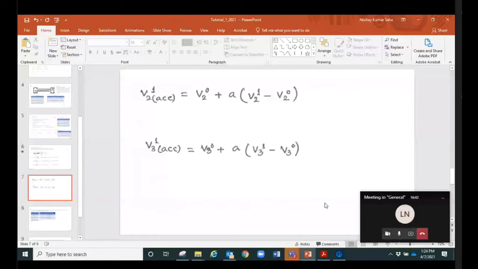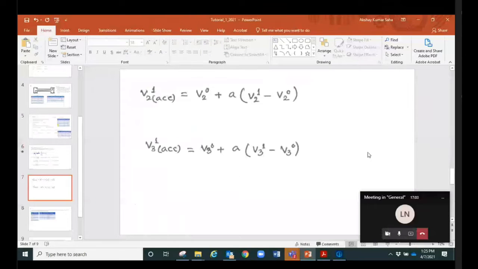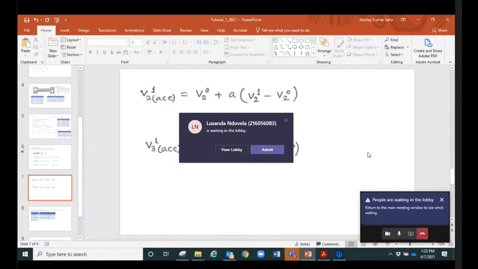We have V21 and V31 calculated, and V20, V30 we have assumed here 1 per unit at an angle 0 degree. V2, V3 all zeros are 1.0 per unit at an angle 0 degree. So if you put those values, acceleration factor is 1.6, you should tell me the V21 accelerated and V31 accelerated.